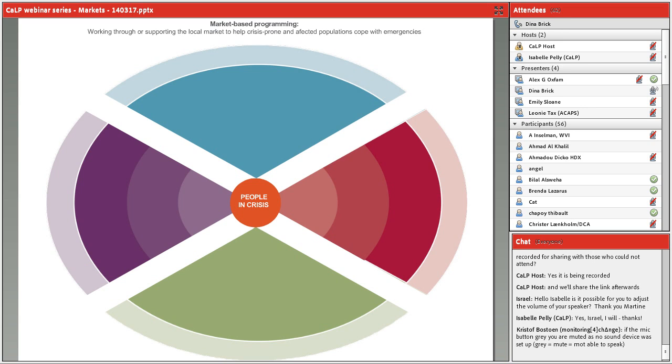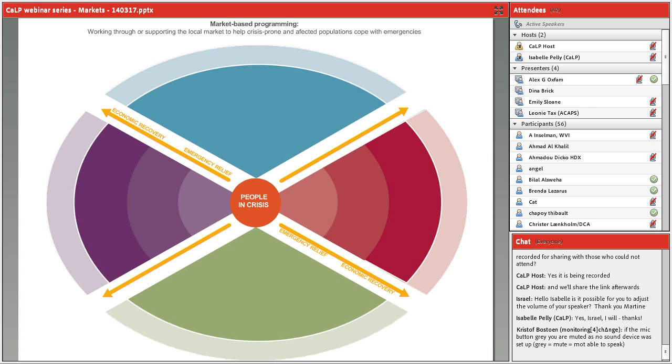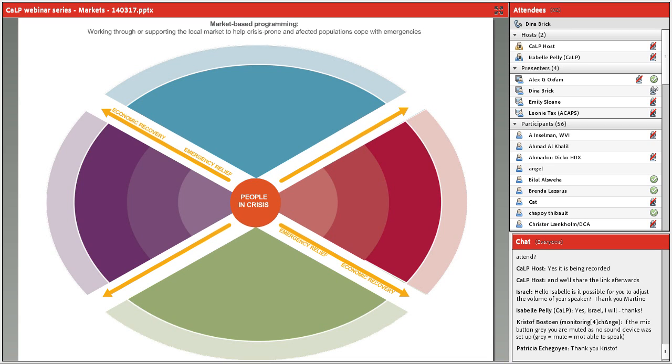As you can see in front of you, we wanted to make sure that we're starting with the people we serve, and that that's always the focus of any market-based program. So in this framework, people in crisis is at the very center of what we do. Next, Isabel. Oh, never mind, I got it.